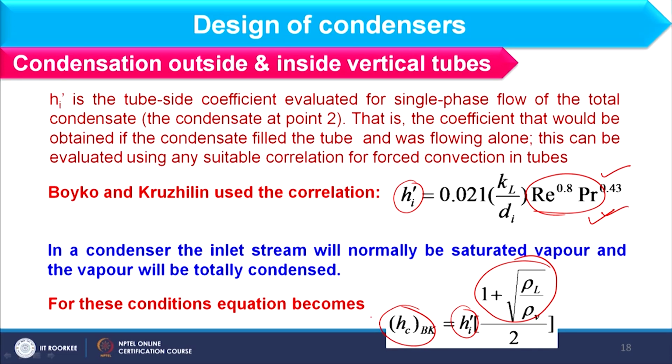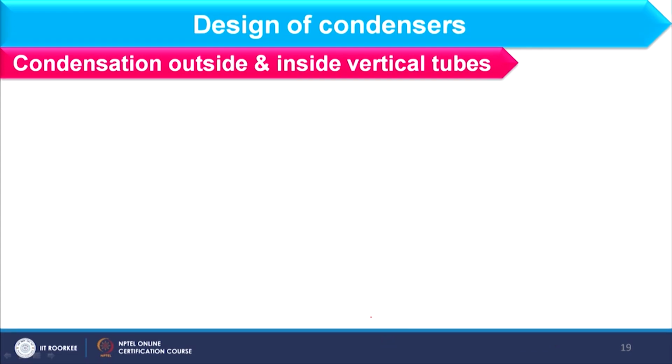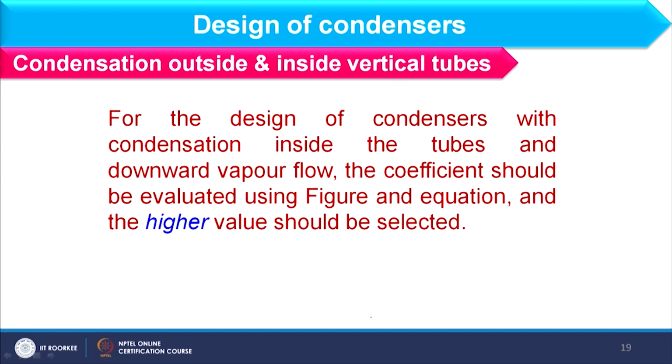So, in this way we can find the Boyko-Kruzhilin correlation. So, when I am considering inside vertical tube condensation, you have to find the heat transfer coefficient using the graph as well as the Boyko-Kruzhilin correlation and consider the higher value of heat transfer coefficient as the final value.